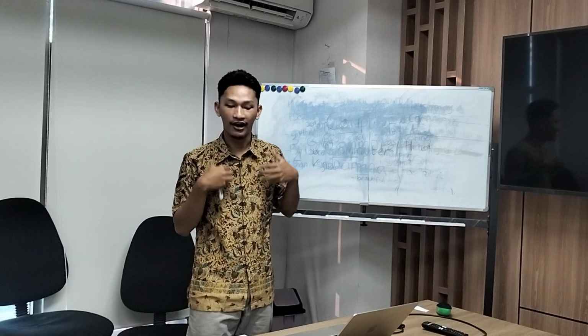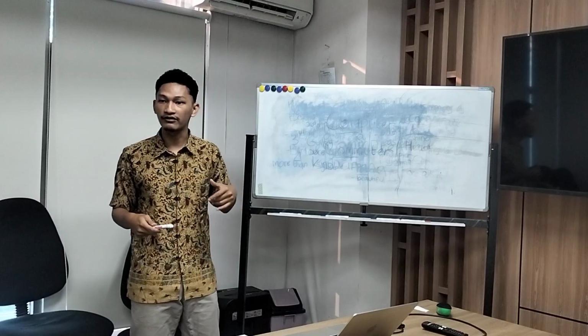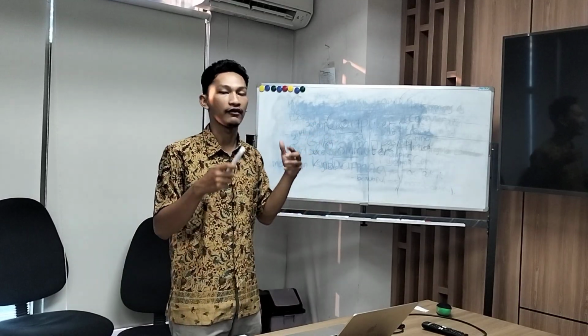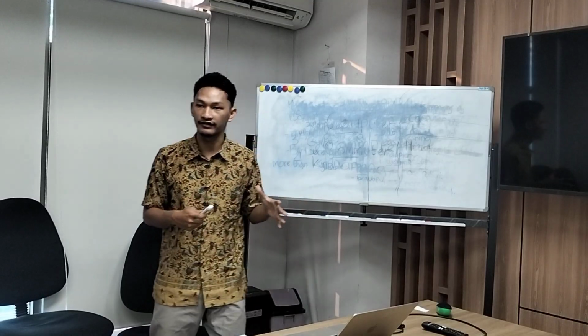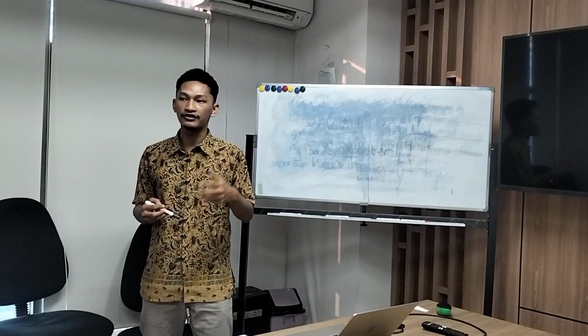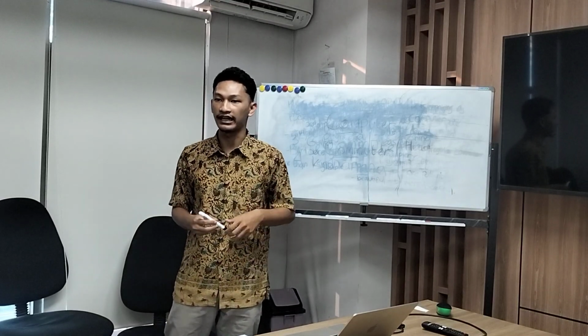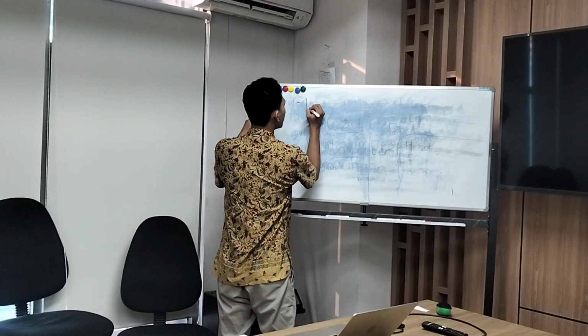I'm pretty sure you have learned about adjectives before, because in the previous few meetings we have learned about parts of speech. Now I would like to teach you the rules of comparative adjectives. The first rule is one syllable.